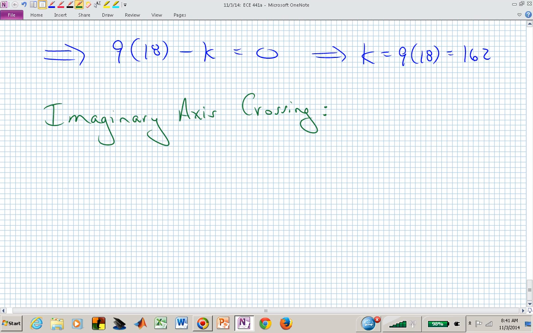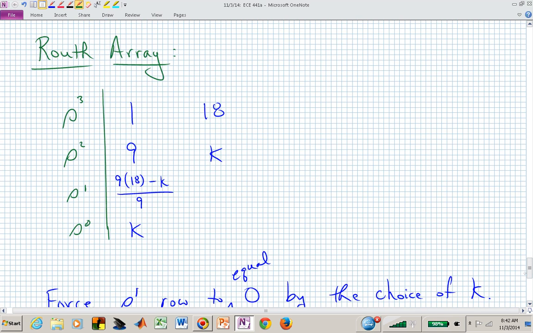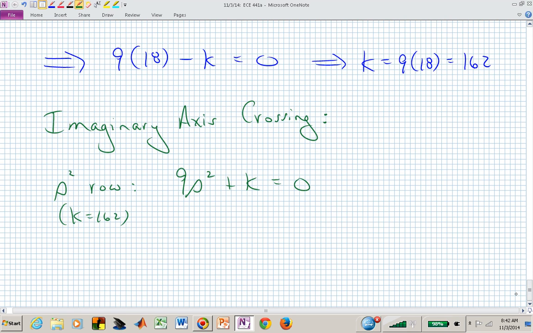So now I can say, oh, from the S2 row, when k is equal to 162, we have S squared plus k equal to 0. Whoops, the S squared row was 9 S squared plus k. Did everybody catch that mistake that I made? If you're not listening to the audio, the notes are correct. 9s squared plus k.